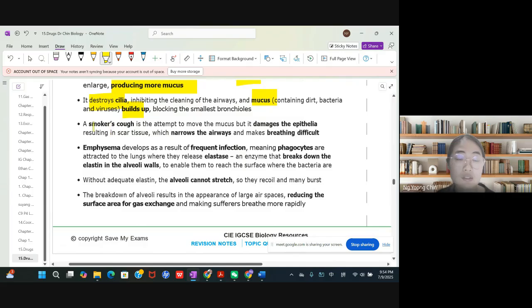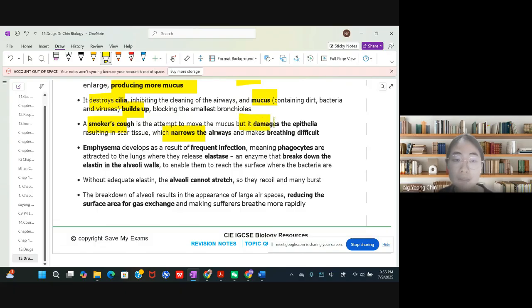So you have this smoker's cough. I think you have heard about this before, right? The smoker's cough, how is it like? Something like that. You can feel that the airway inside a smoker is already narrow. Why is it narrow? Because it is blocked by mucus.